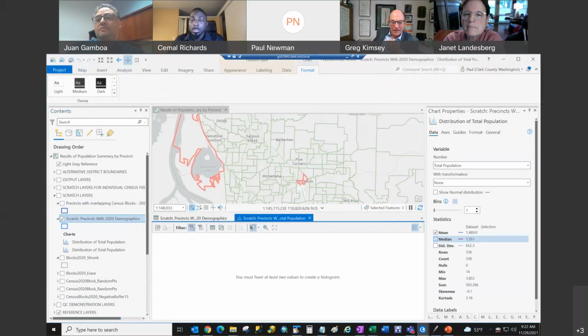I just did a quick count. Now the average is about 1,489. You can see that the median is 1,500. This is the population stats for all the precincts in the county.